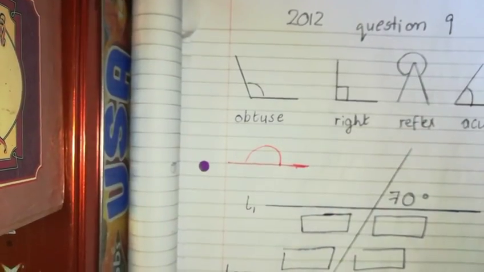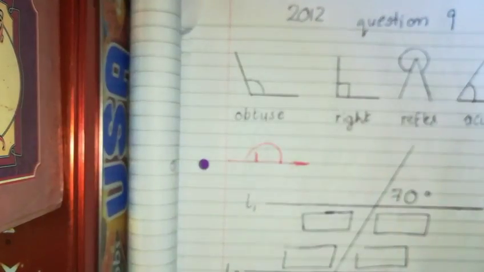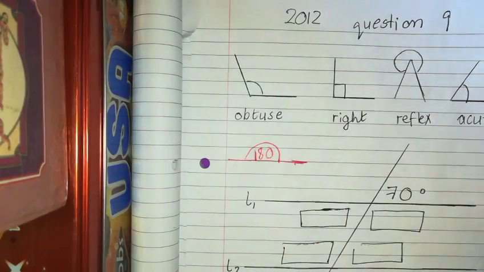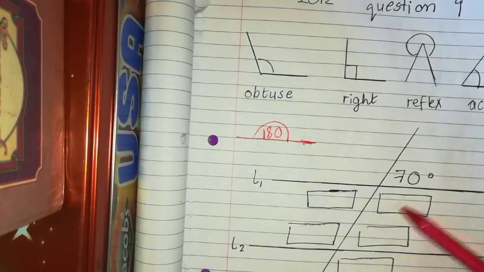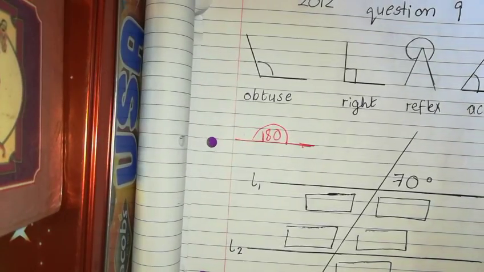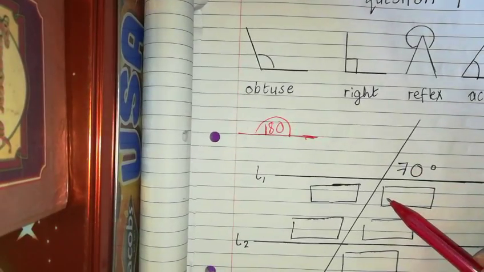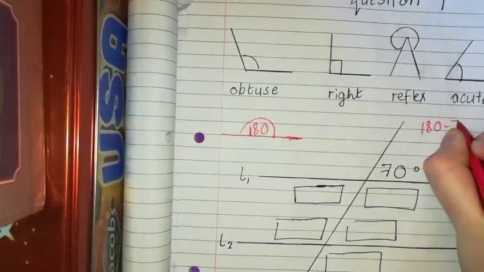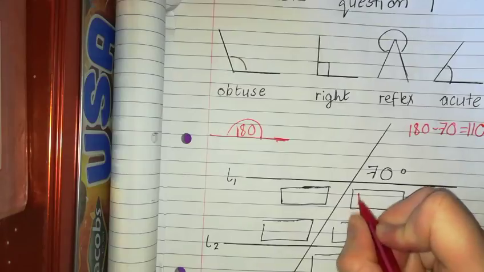So I can see that here and here, this is a straight line. So the angles altogether have to add up to 180. So 70 plus whatever's in here is going to be 180. So if I do 180, take 70, I get 110. So this angle here must be 110.